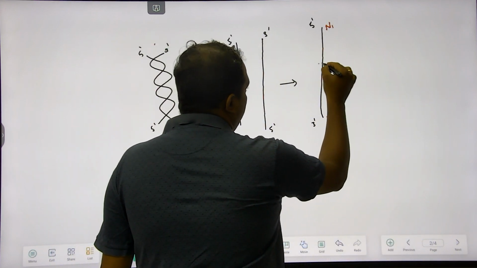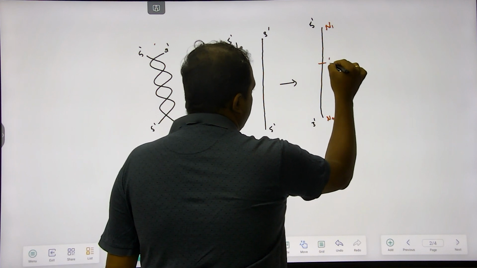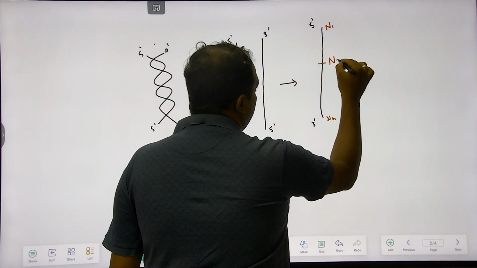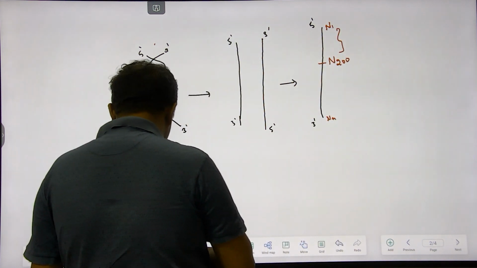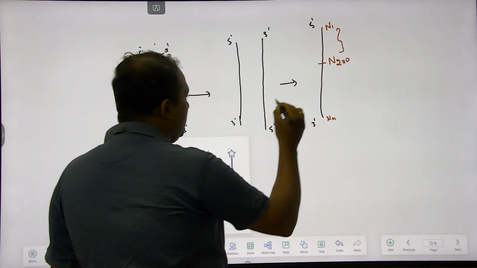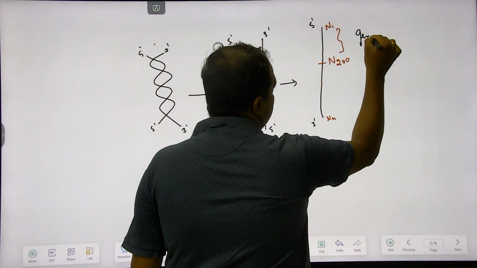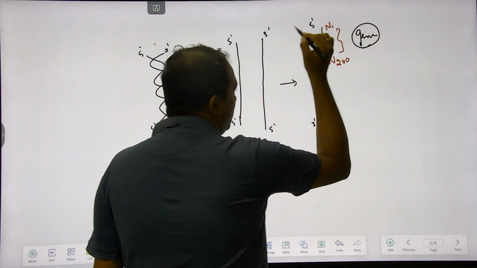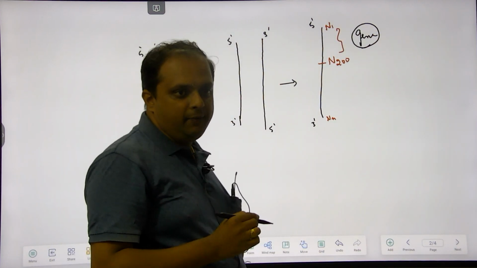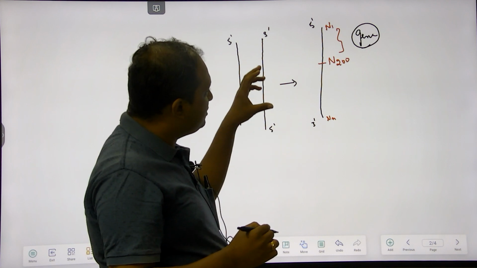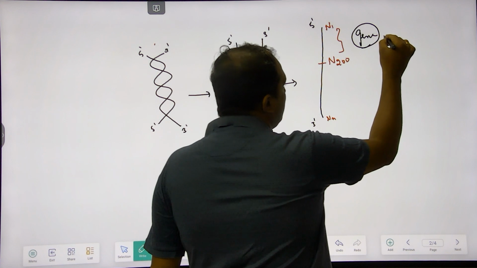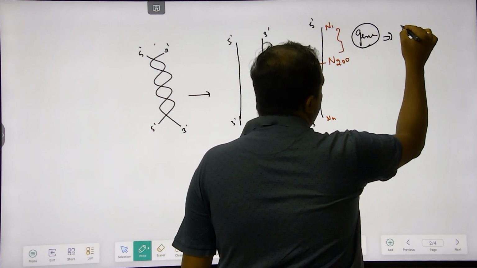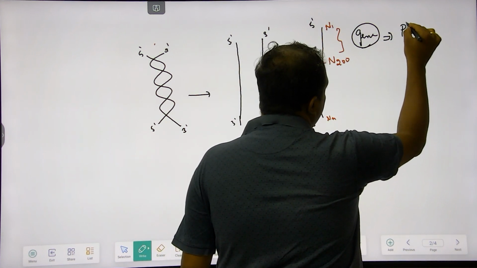Friends, let me take this nucleotide stretch, say N1 to N200. So what is this stretch? I can say this is going to be called a gene. So what is a gene? A gene is a stretch of nucleotides seen in DNA which is going to code for a specific protein, that is P1.